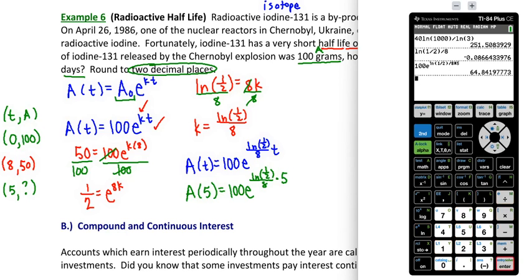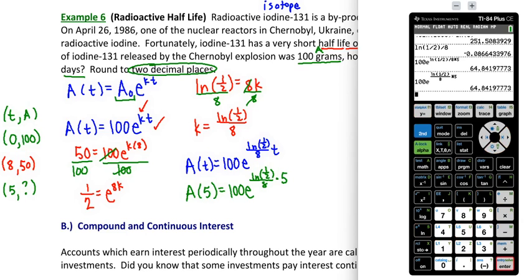And we certainly get less than 100 grams. Another way that you can type that in, if you want to see the fraction, is to use your alpha y equals there. So you can see the natural log of 1/2 in the top and your 8 in the bottom times 5, if that's easier to see.